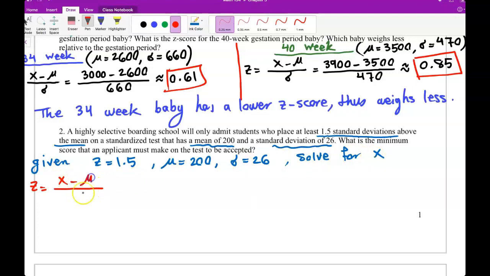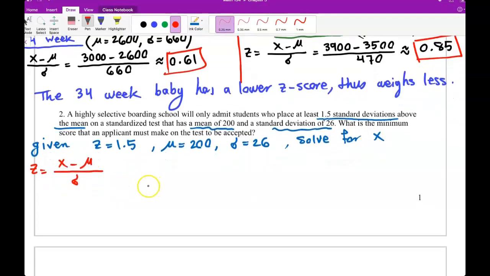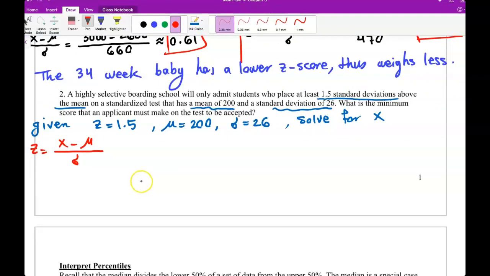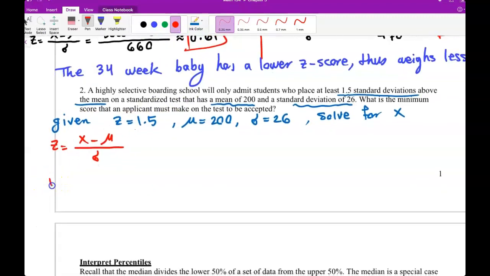So x minus the mean divided by the standard deviation. z is 1.5, the mean is 200, and the standard deviation is 26.